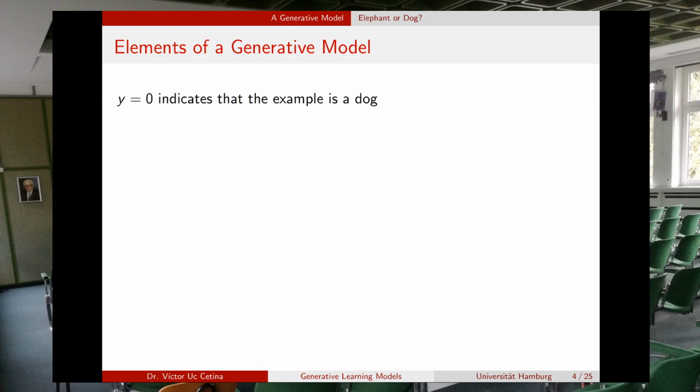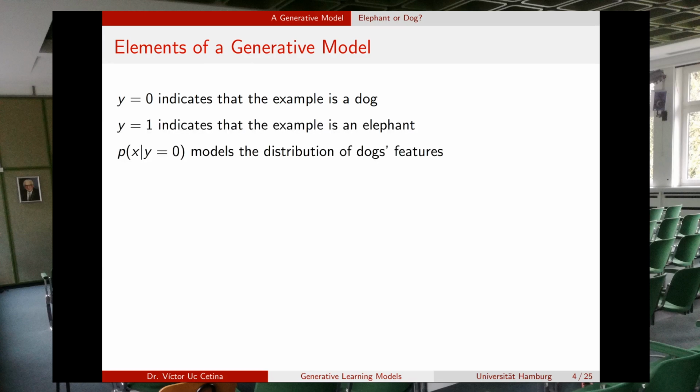So in this case, suppose that the label for dog is 0, the label for elephant is 1. Then we need to estimate this conditional probability distribution, which is the probability that an animal, which is a dog, will have certain features, certain height, for example, or certain length in its tail.